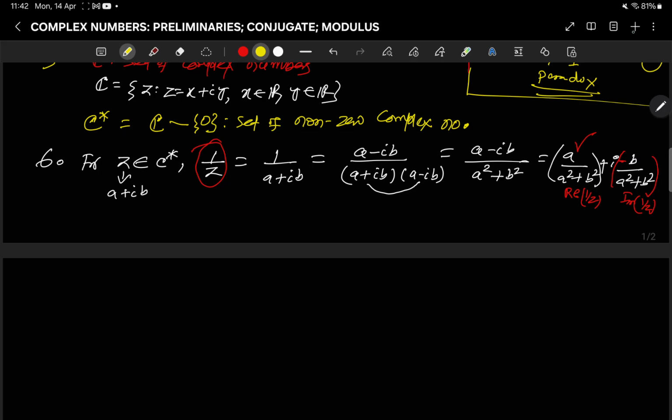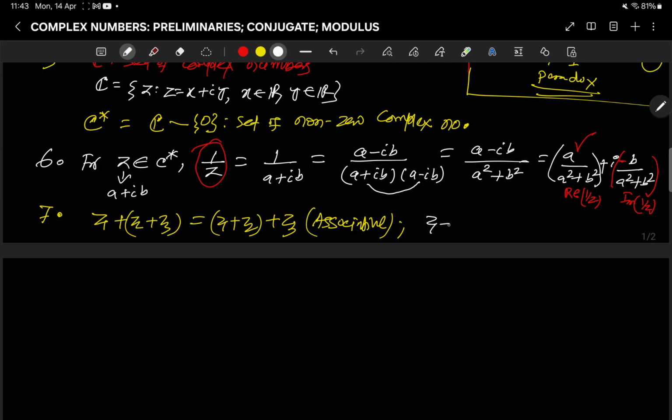Seventh property: Z1 plus Z2 plus Z3 is the same as Z1 plus Z2 plus Z3, grouped differently. Here it is the associative property. Accordingly, you have Z1 plus Z2 is the same thing as Z2 plus Z1.